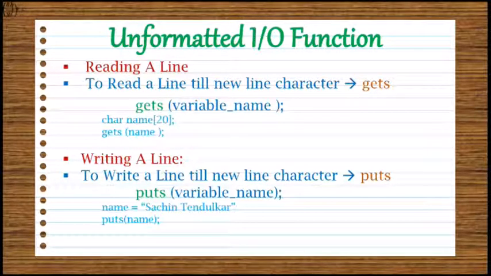For example, if you have stored the value Sachin Tendulkar in the name variable, then if you want to print that, use the puts function and in brackets the variable name, that is name, and it will display that output.